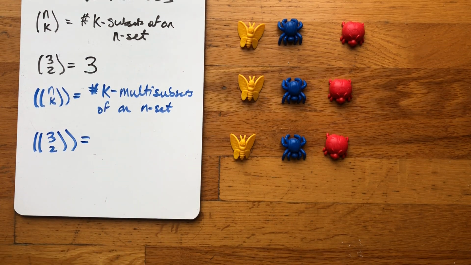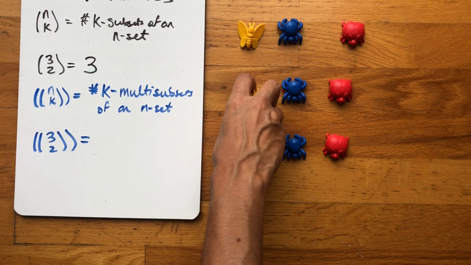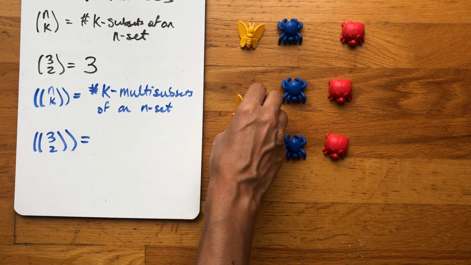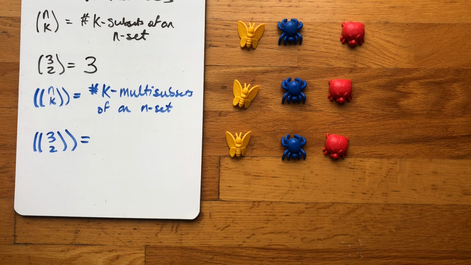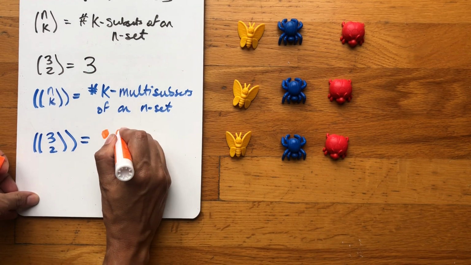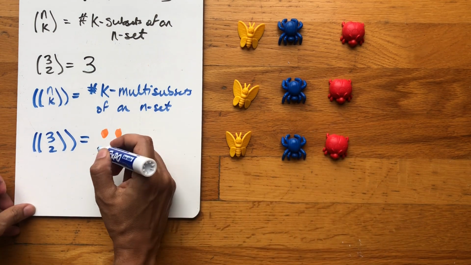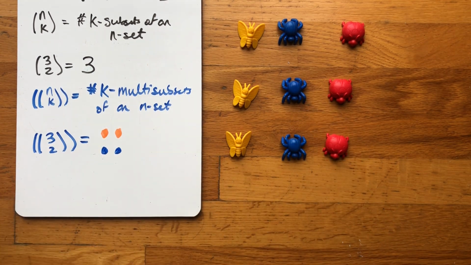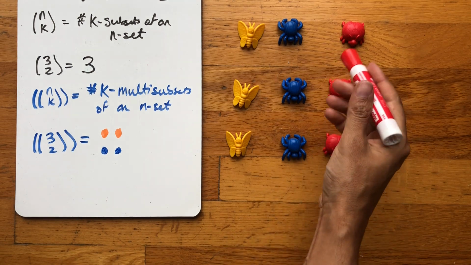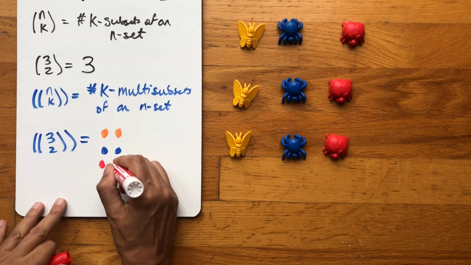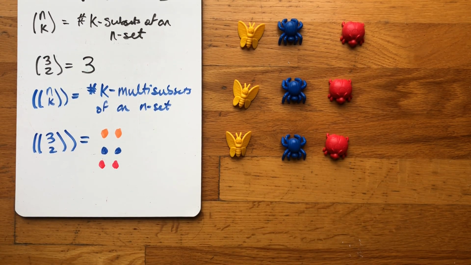What are my possible options? Keep in mind that I think of having this infinite supply of things that I can always pick from. So if I'm choosing 2, I could take 2 of the yellow butterflies. We're going to pretend the orange and yellow are the same. I could take 2 of those, I could take 2 spiders, I could take 2 ladybugs, or I could do all the things that I could do before.